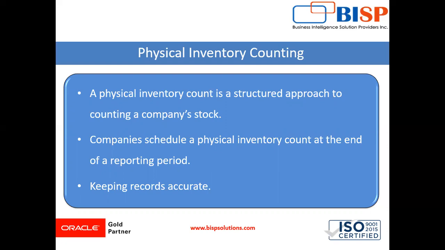Mostly, physical inventory counting is performed once or twice a year based on the business requirement. Physical inventory counts are an essential part of keeping the inventory organization's records accurate. These up-to-date inventory records provide a better forecast of sales and purchases and ensure we always have the right amount of product on hand in our organization.